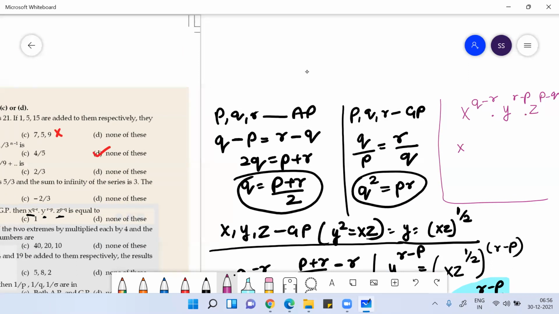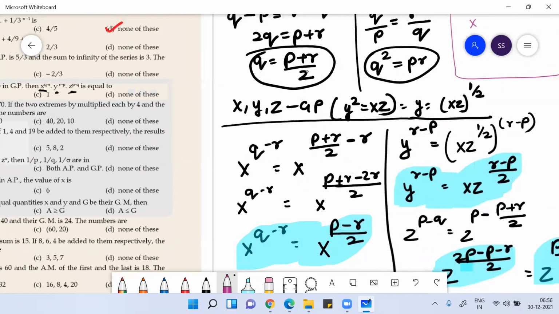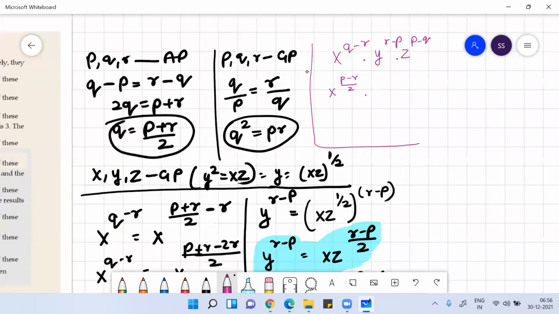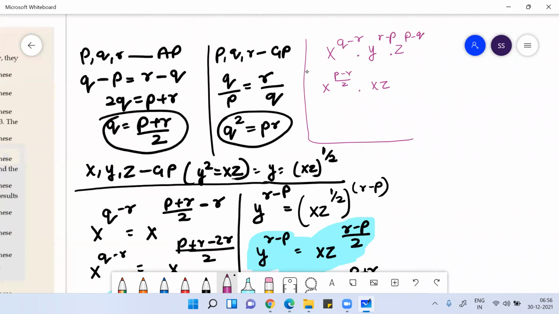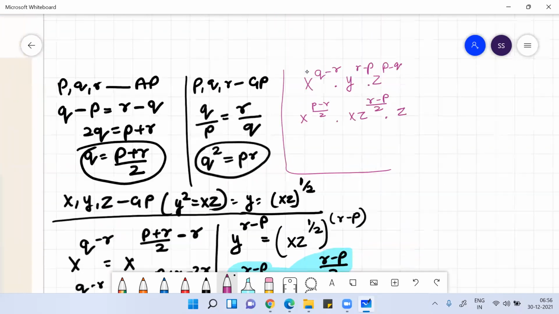So you can write x to the power q minus r as x to the power p minus r by 2. This y to the power r minus p, I can write as xz to the power r minus p by 2, and z to the power p minus q, I can write as z to the power p minus r by 2.